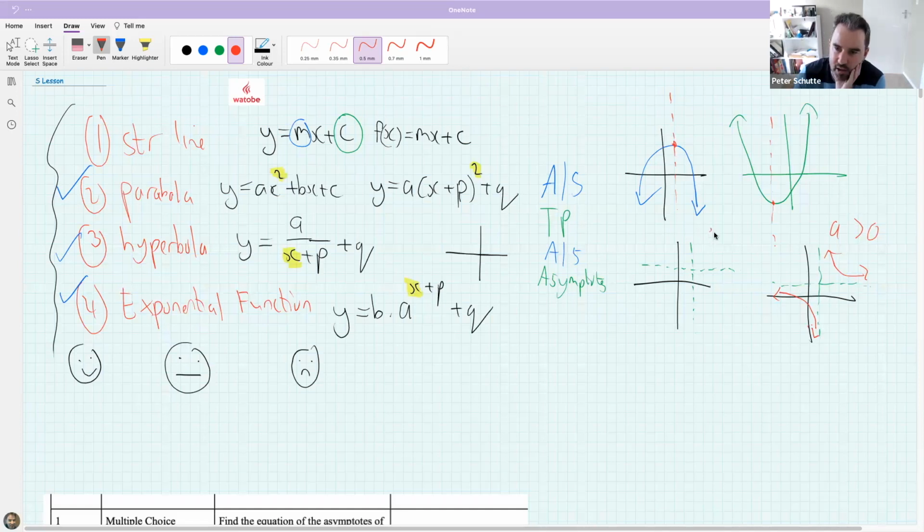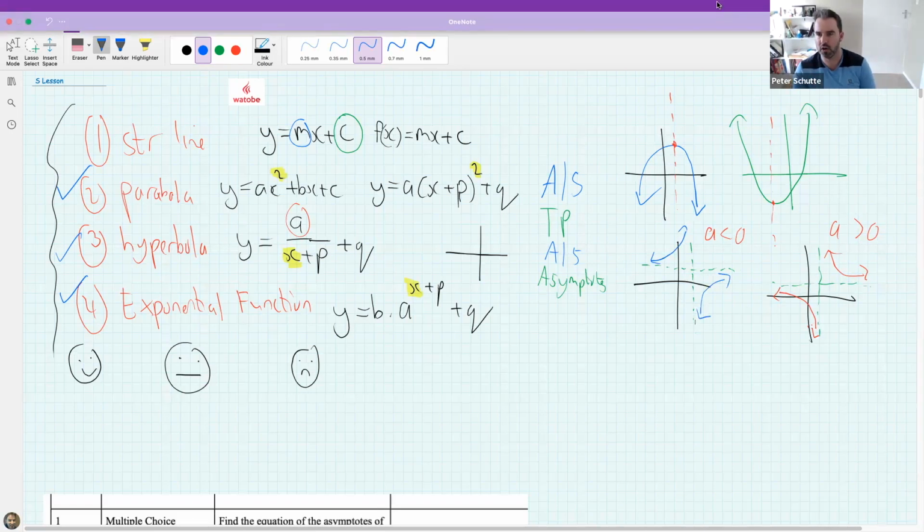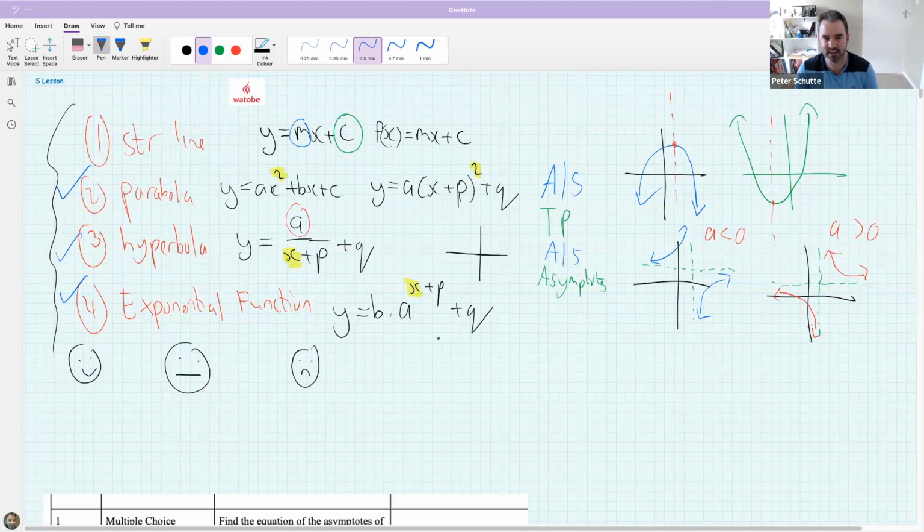If a is less than 0, and I'm talking about this a here, then the hyperbola will be in these quadrants. Now, there's a lot more going on with hyperbolas. Can I get face feedback about hyperbolas, smile or frown, if you are following what I'm saying here?